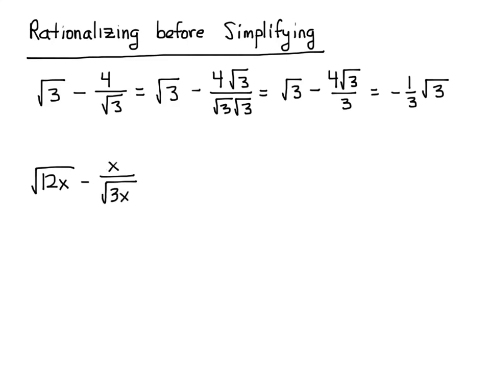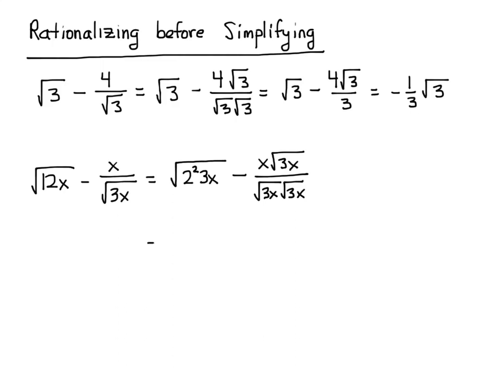So if we have something a little bit more complicated like this, where we have square root of 12x minus x over the square root of 3x, we want to first simplify that first term and then rationalize the second term.